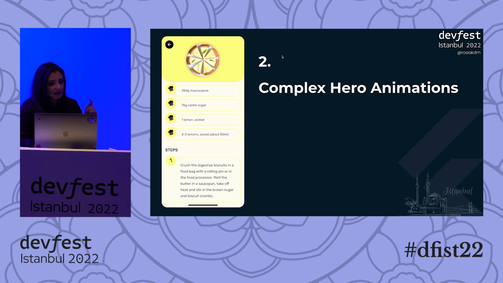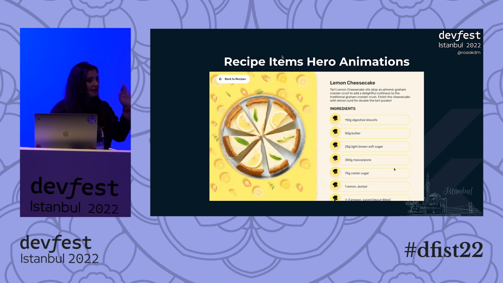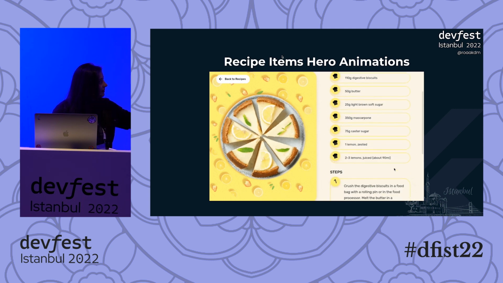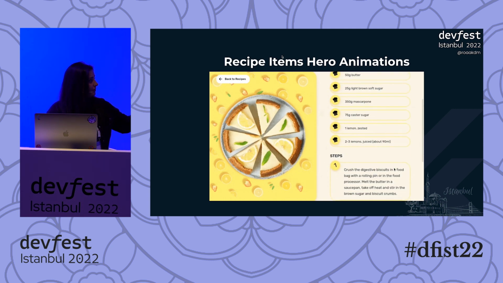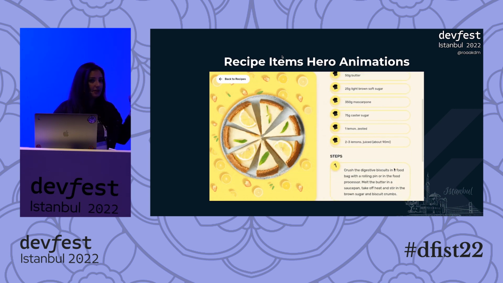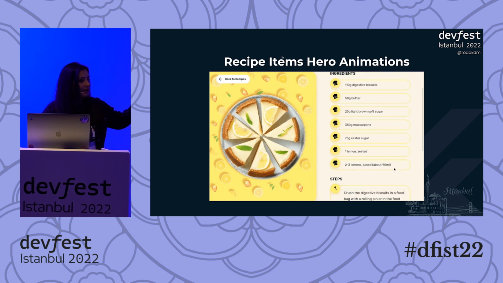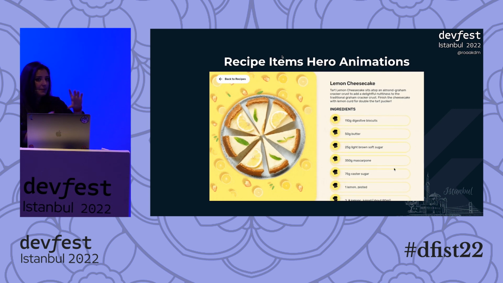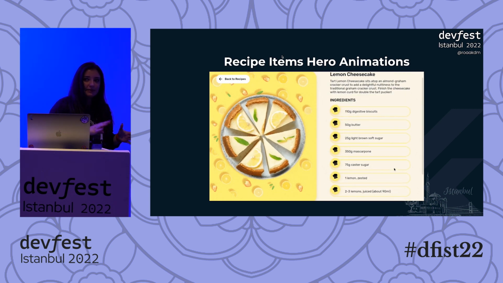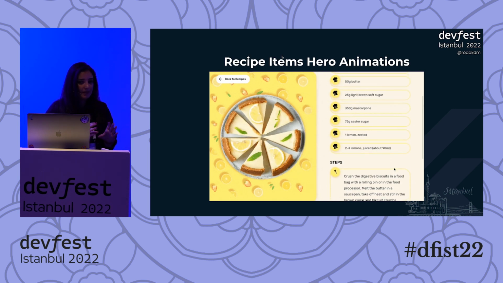And this is how it looks like on web. And what we have here is that aside from it being a hero animation, when you scroll down in the list, it will rotate with it. And we need to make sure that if you're scrolling down and then returning to the previous page, that you preserve this angle that the cheesecake is rotating in, so that it doesn't snap back, because the hero animation by default takes the image but doesn't handle the rotation that it's happening in.